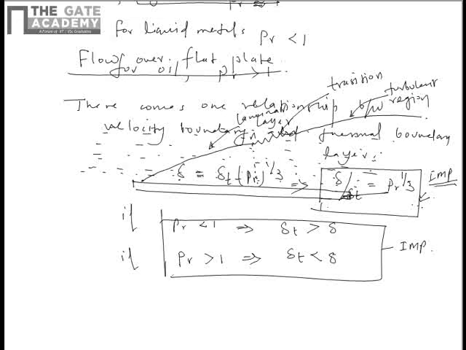So a flow will be laminar over a flat plate if Reynolds number is less than 5 into 10 to the power 5.